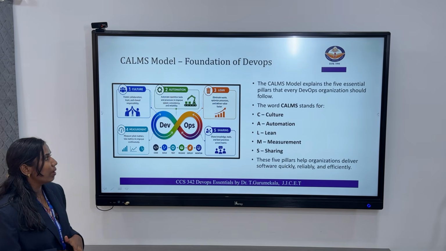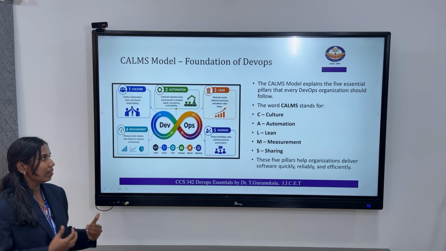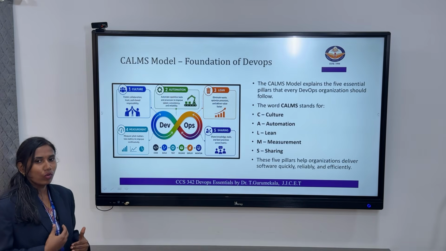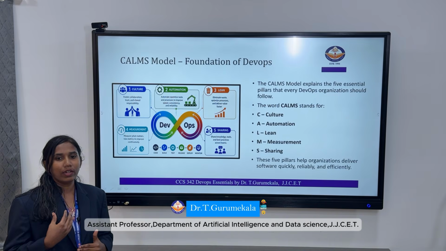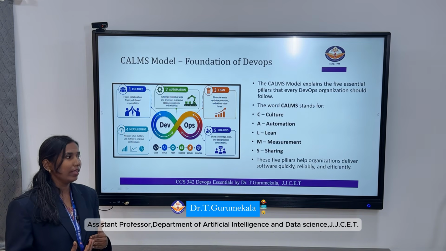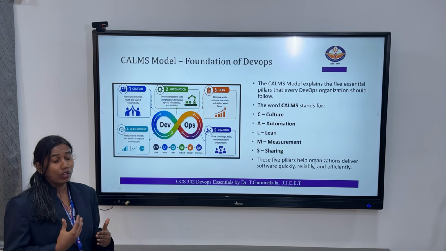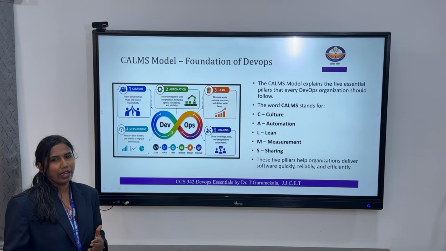This is called measurement. And sharing means, as we already discussed, this is a collaborative working methodology, so every team must know each other. A member from planning must know what the testing team is doing. For that, they share their knowledge in a common repository, possibly through cloud platform services like AWS.